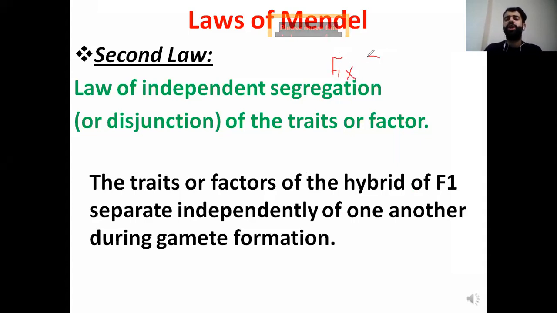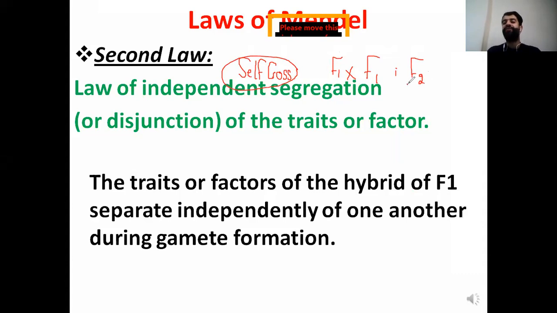What do we call it when we cross F1 with F1? It's called the self-cross, crossing F1 with itself. This crossing between F1 and F1 will give F2, the second generation.